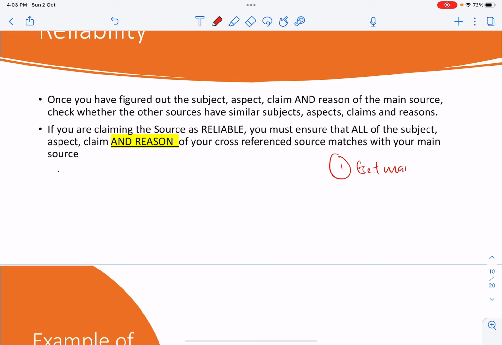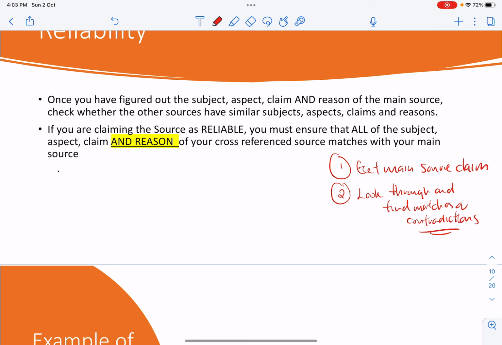So get the main source claim first. Okay, and then secondly, you look through other sources. Look through and find matches or contradictions. Okay, but for my recommendation, it's always best to look for matches first, because you just need to keep the same claim and the same reason.